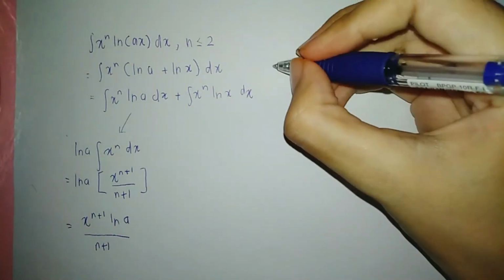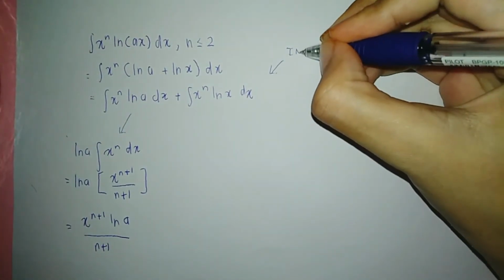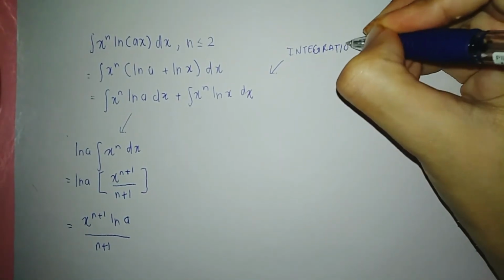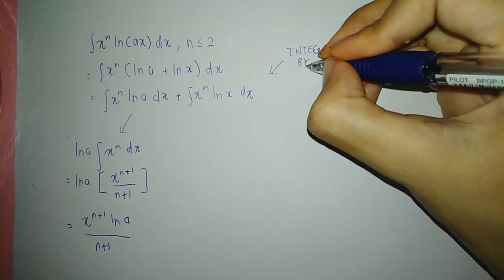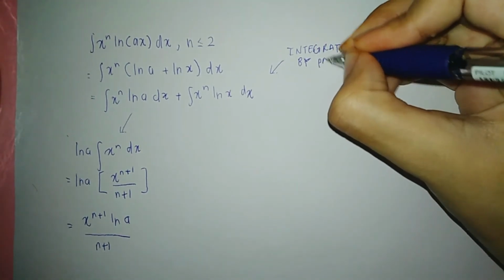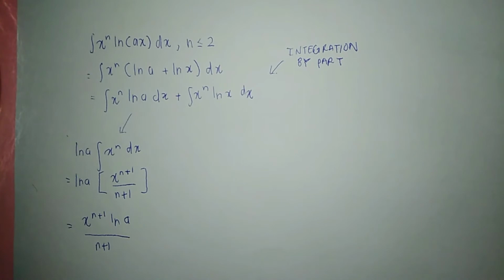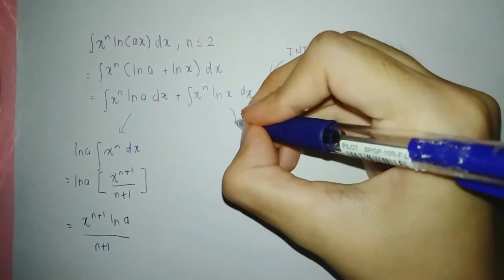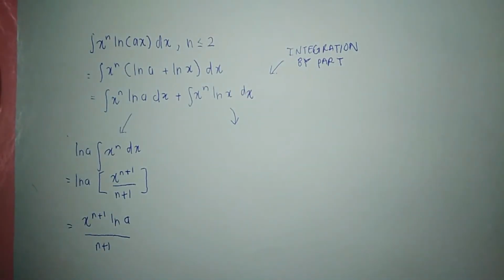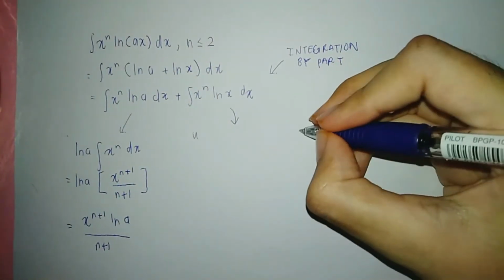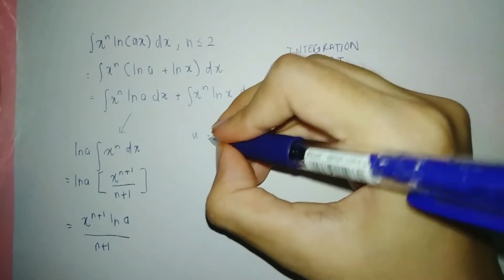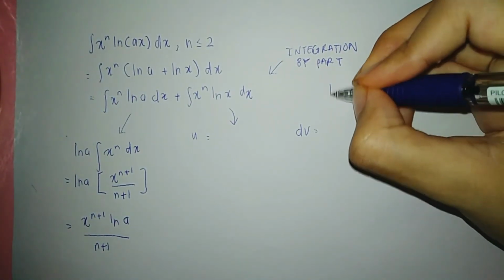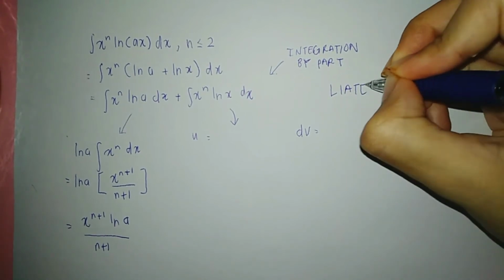For the next part, we have to use integration by parts. The first thing to do for integration by parts is to find the u and the dv. First of all, to determine the u, we have to use the LIATE method.